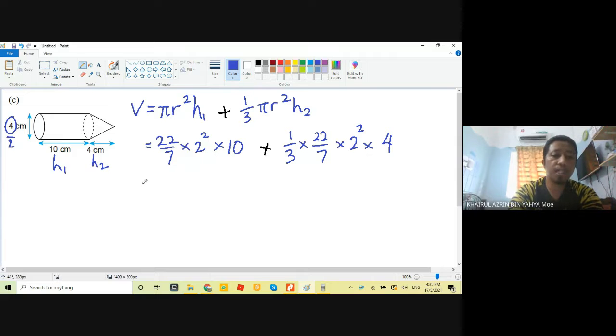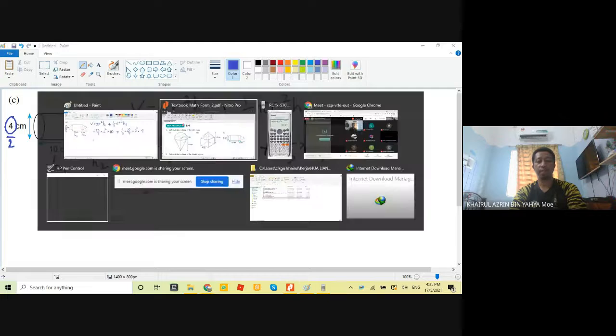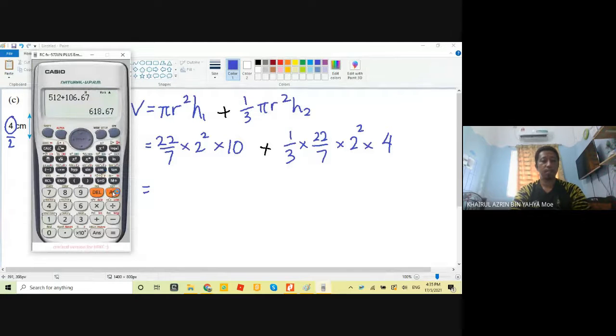Now use the calculator to find the answer. Where is the calculator? Okay, this is the calculator. Fraction 22 over 7 times 2 square, times 10.